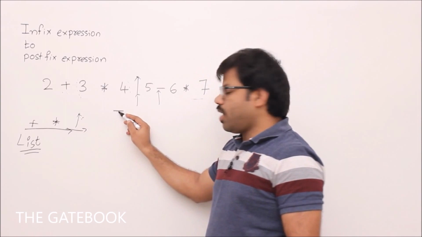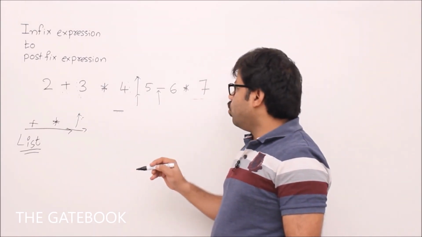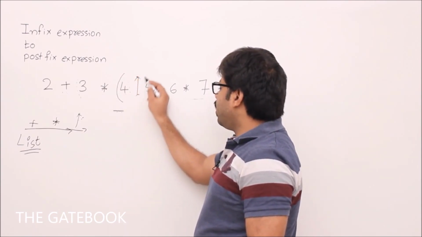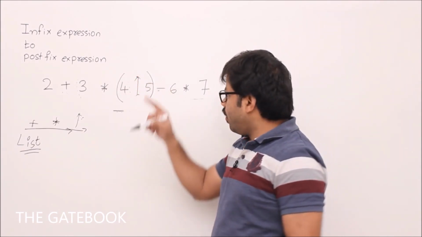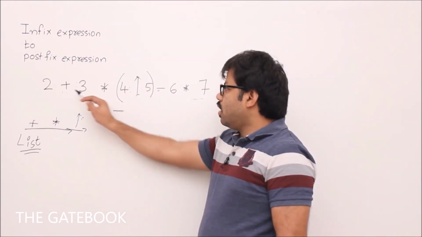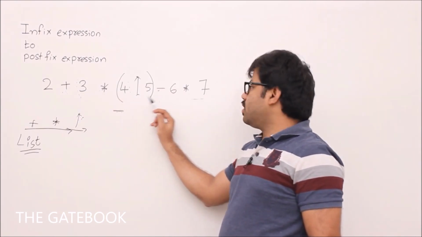So power versus minus. Since minus has lesser precedence, as a human being you will realize that power has ultimate precedence. Correct? Definitely I have to parenthesize like this. When did you realize that? After seeing plus? No. After seeing star? No. After seeing power? No. After seeing minus.